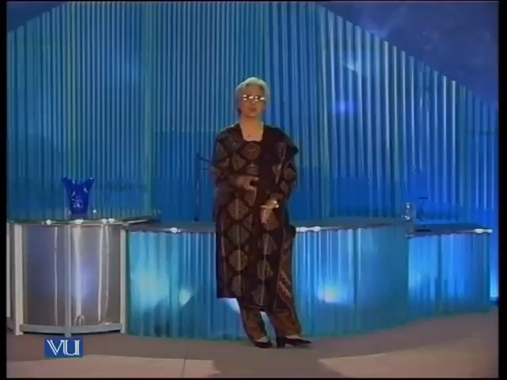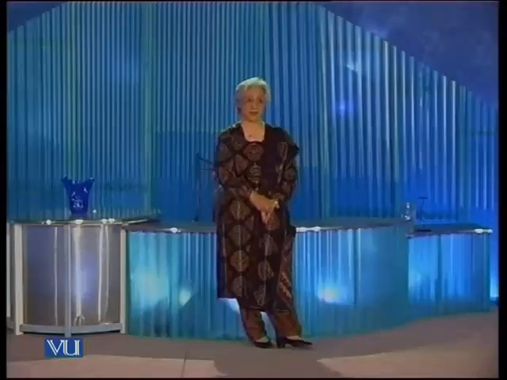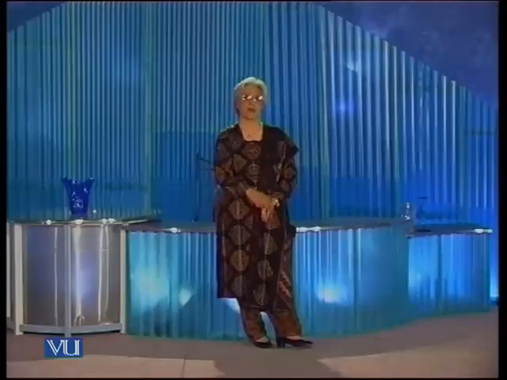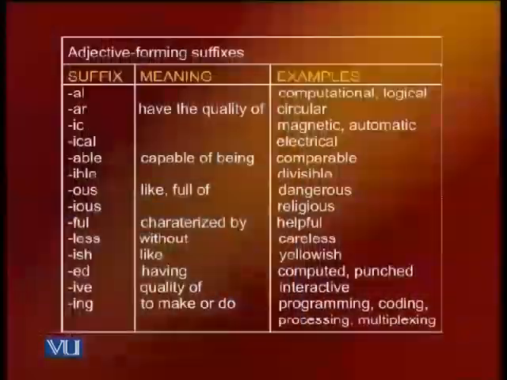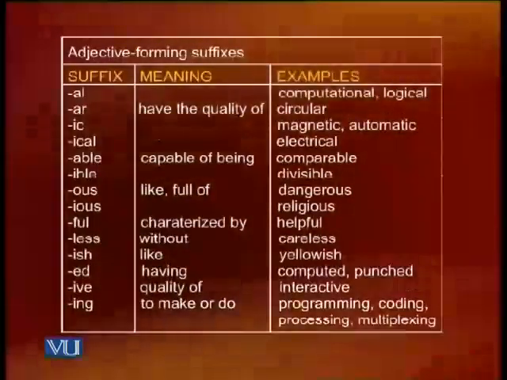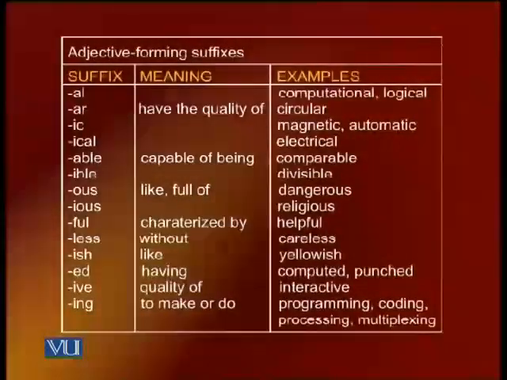In the same way, if you add ed, computed, punched, they can be used as adjectives. They could be used to describe a noun, computed or punched cards. You have the word card. If you add the word punch to it, the word punched is an adjective here describing the card, the noun card, sorry.